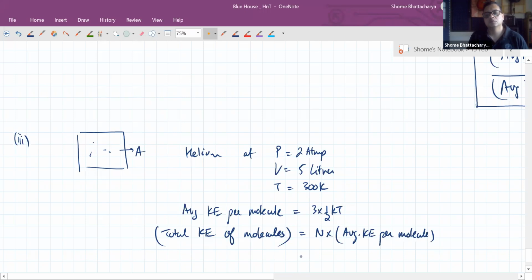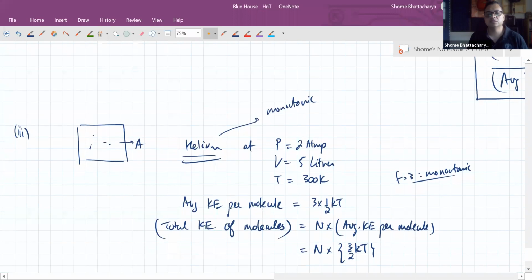So that is number of molecules into 3 by 2 kT over here, because degrees of freedom was 3 for monoatomic gas. Now let's take this further.